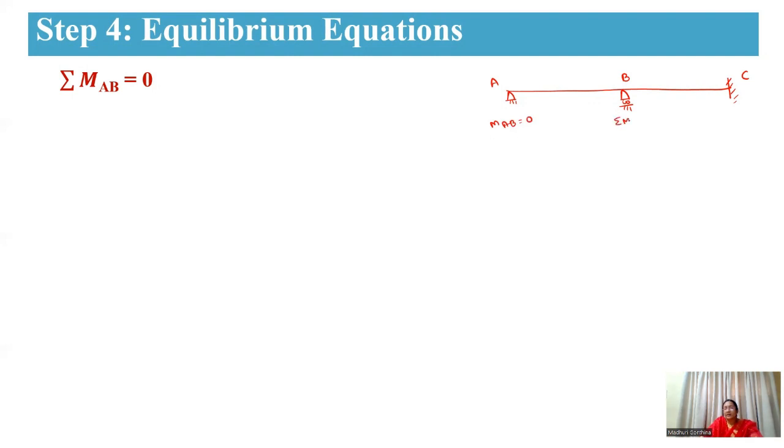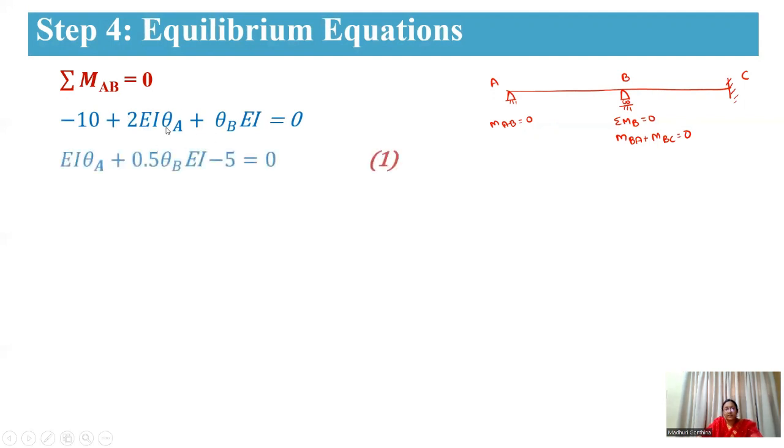And here this is a joint equilibrium condition, that is sigma MB will be equal to 0, that means MBA plus MBC will be equal to 0. So this is the next support. Okay. So by using MAB equal to 0, you are using the equation, and this is equation 1 by simplifying.